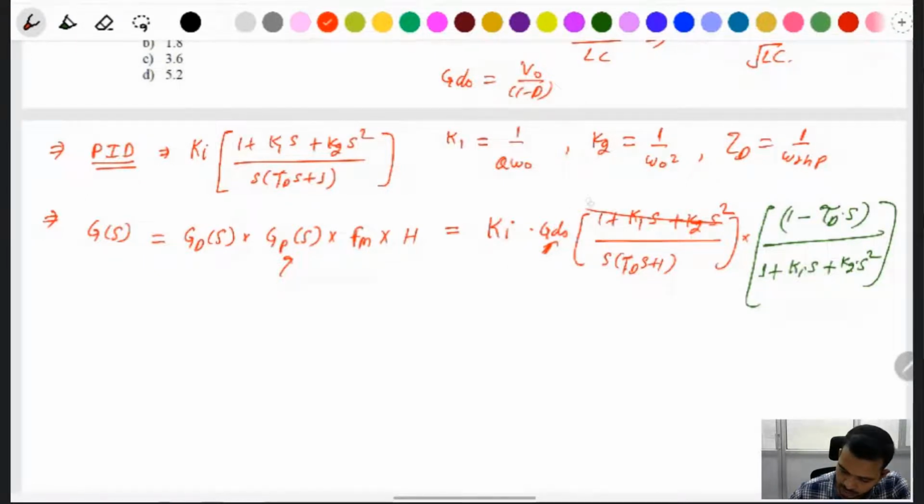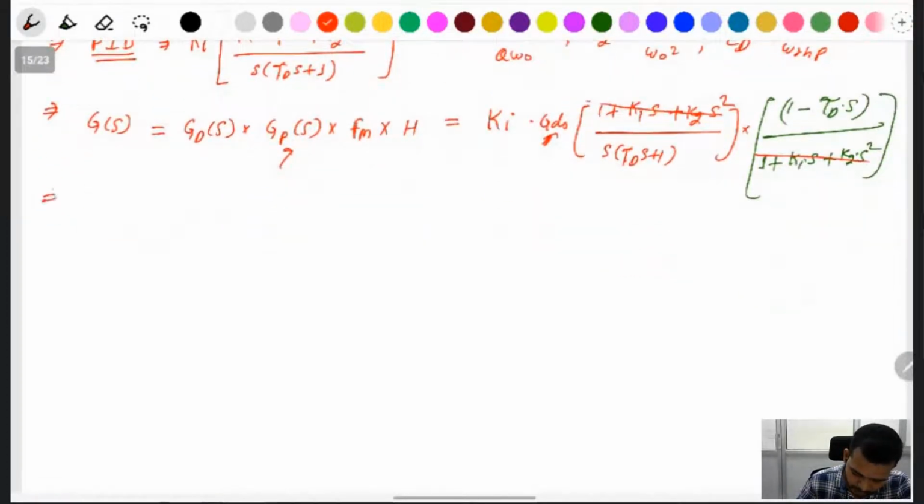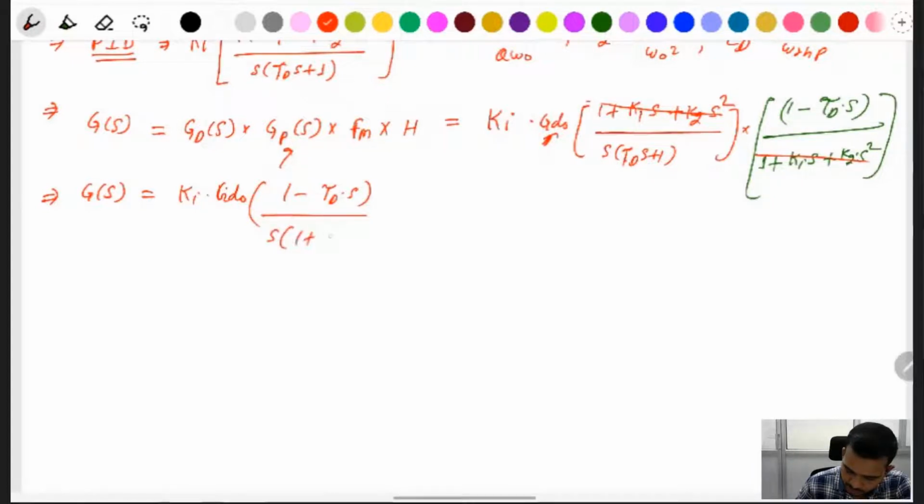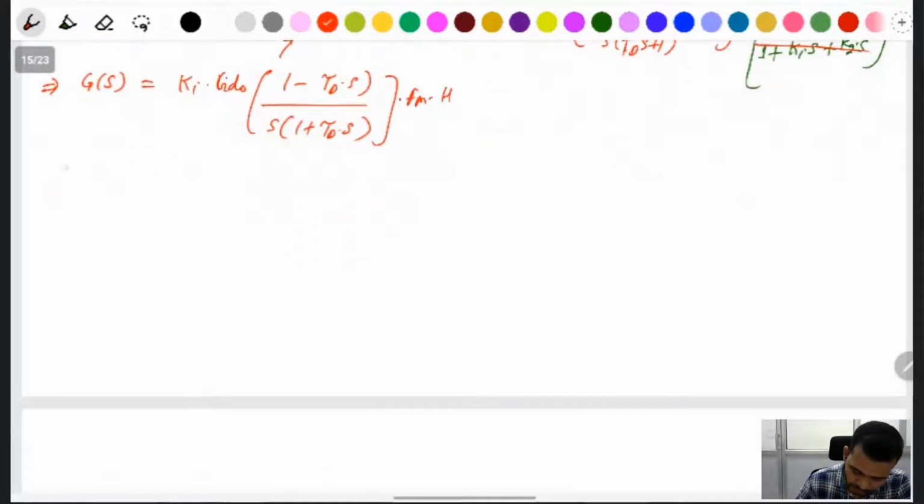See, this denominator cancels out. We find the overall transfer function: Ki into GTU (1 minus tau d into S) divided by S(1 plus tau d into S), into FM into H also.